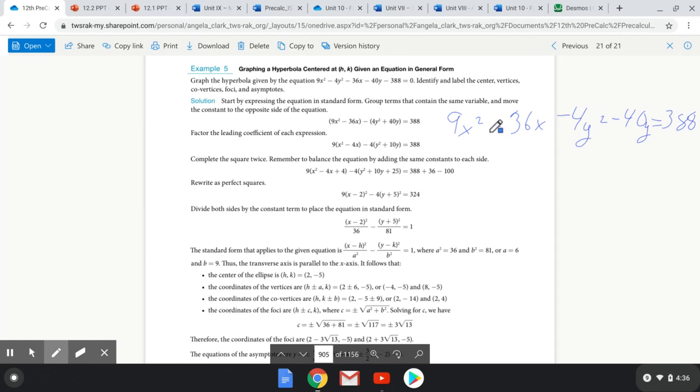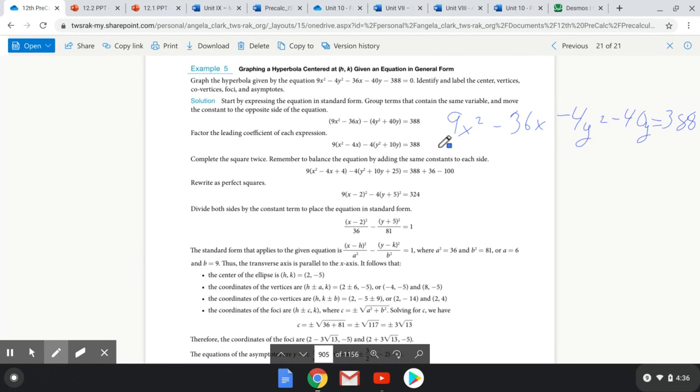That's important. For ellipses, they were both positive. For hyperbolas, one is going to be positive and one negative, because when we end, we want to have that negative in the middle. In this case, the y term is going to end up being the negative term.